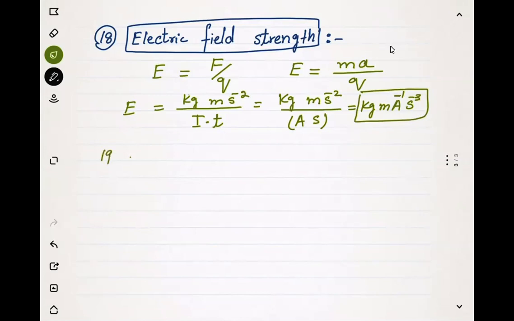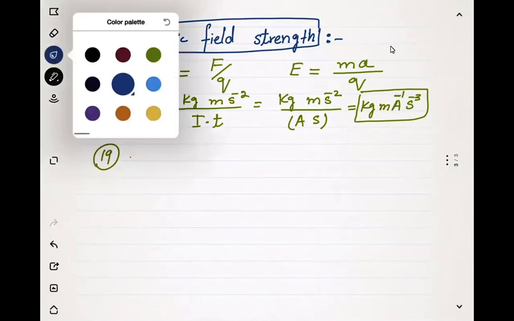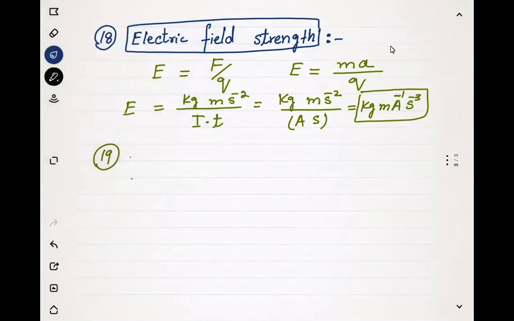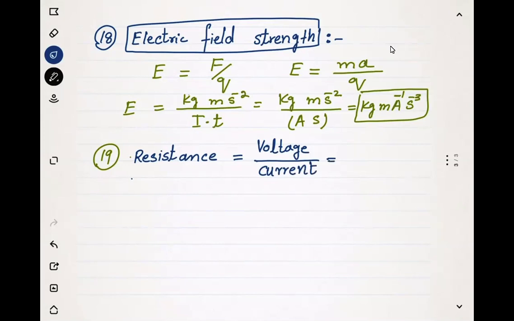Quantity number 19 that we have to cover is resistance. The formula for resistance is voltage over current. Now if we substitute the base units of voltage, it is kilogram meter square second minus 3 ampere minus 1, and this is divided by ampere again.